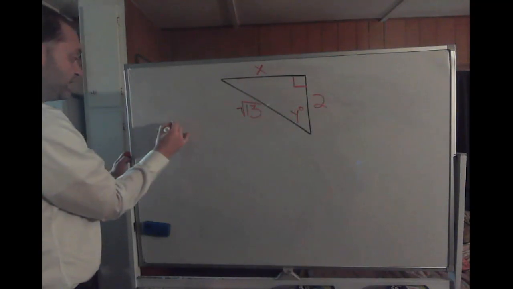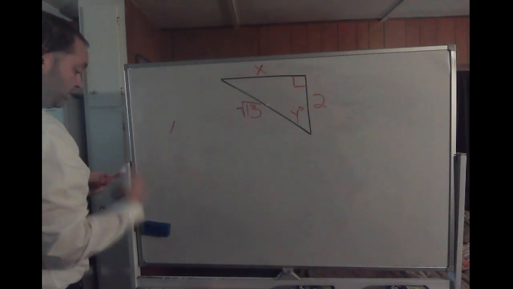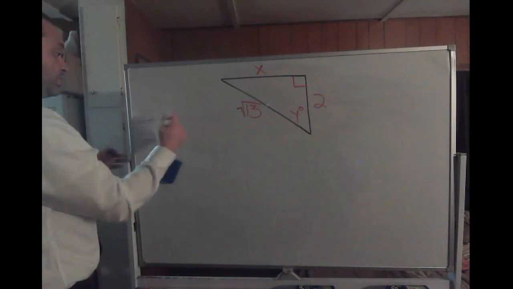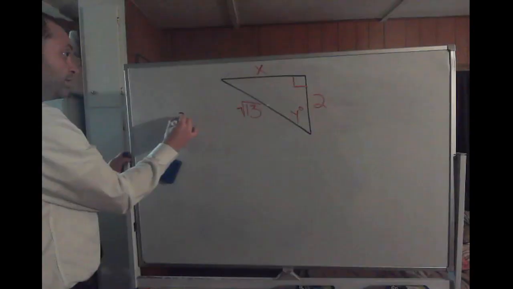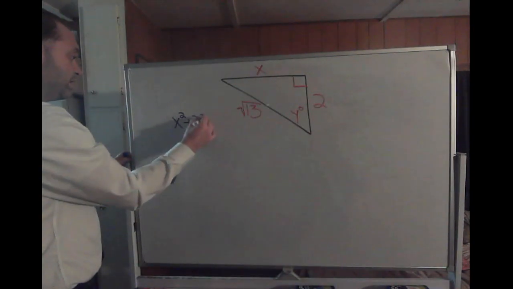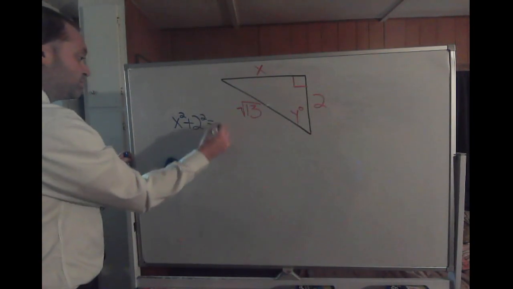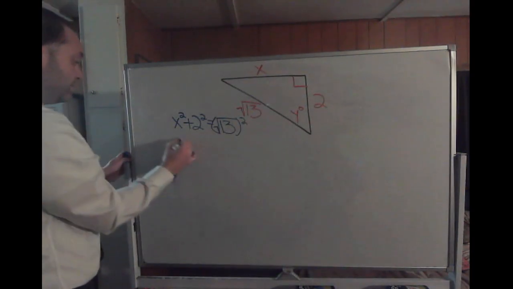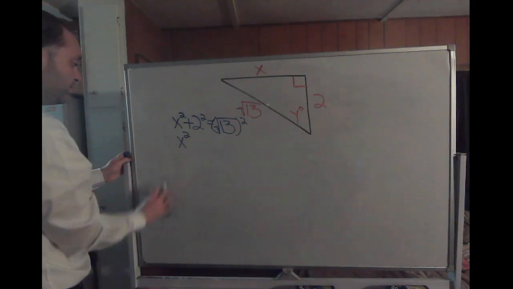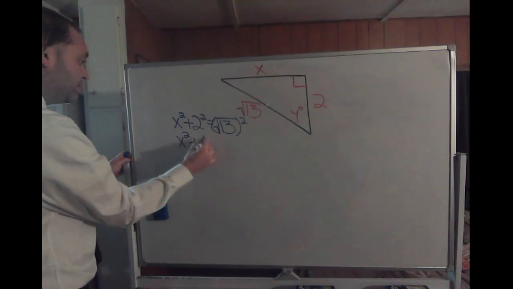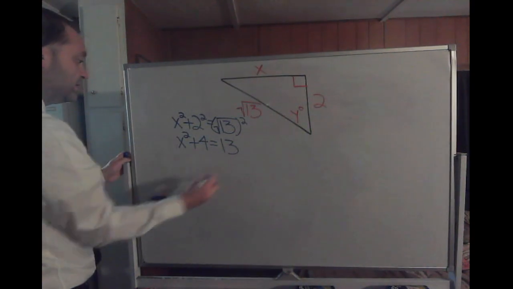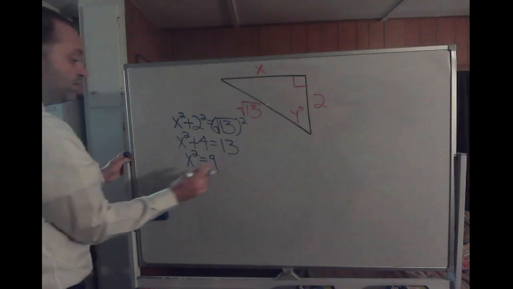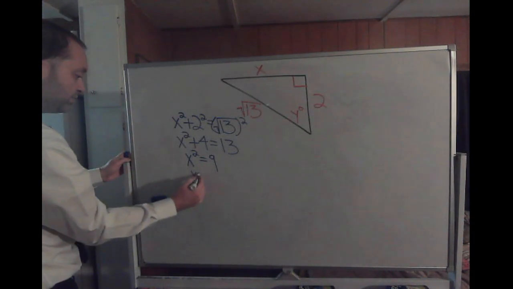So we'll do our Pythagorean theorem here, of course, to solve for the missing length, which would end up being x squared plus 2 squared is equal to the square root of 13 squared, which would give you x squared plus 4 equals 13, which would then give you x squared equals 9, and we know the positive square root of 9 is 3.